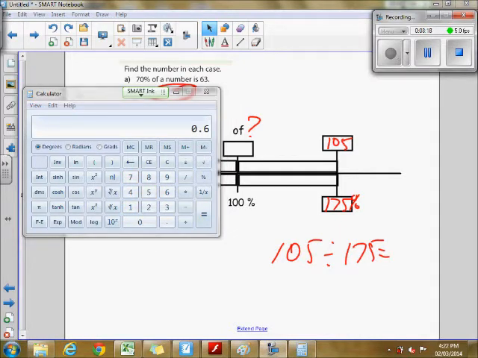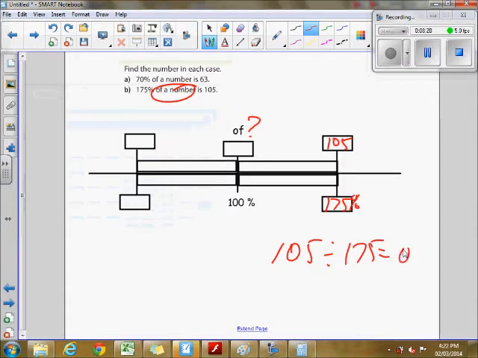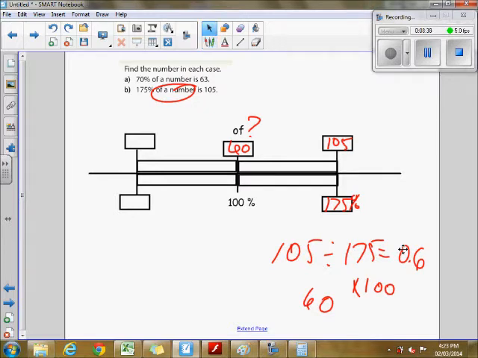So 1% is 0.6. So we would multiply that by 100. And that would give us 60. So 105 is 175% of 60.